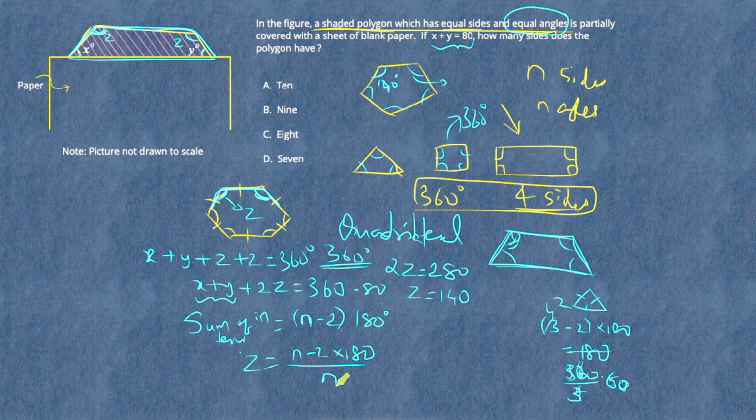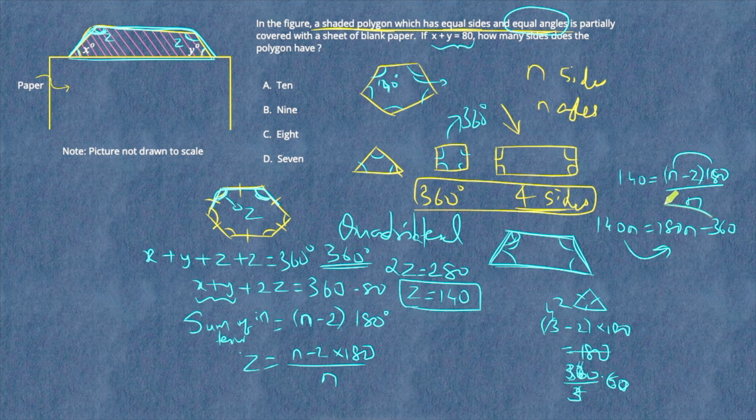But we just found z as 140, so we replace it here: 140 equals n minus 2 times 180 divided by n. Using cross multiplication, you get 140n equals 180n minus 360. Moving terms, you get 180n minus 140n equals 360, or 40n equals 360. Dividing both sides by 40, you get n equals 9.